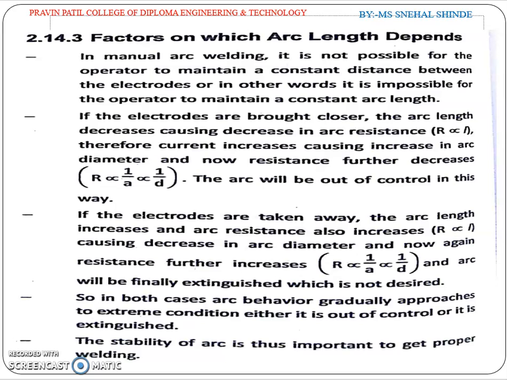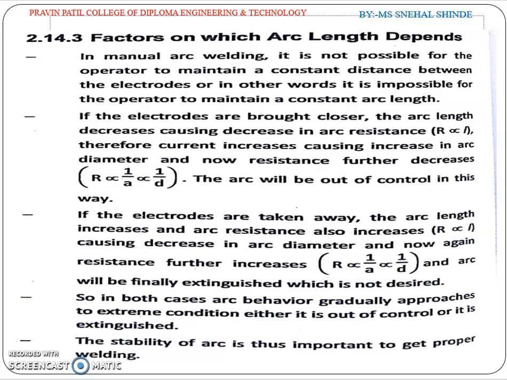In manual arc welding, it is not possible for the operator to maintain a constant distance between the electrodes, or in other words, it is impossible for the operator to maintain a constant arc length. If the electrodes are brought closer, the arc length decreases, causing a decrease in arc resistance because resistance is directly proportional to the length.